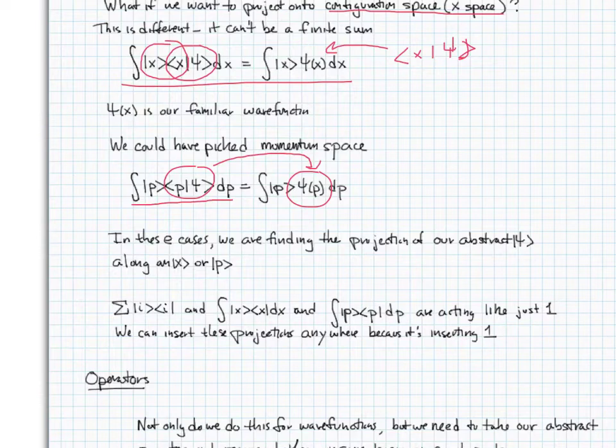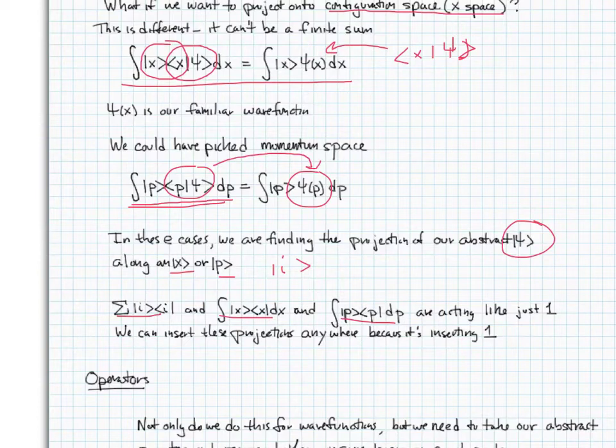So we've taken our abstract psi, and then we've projected it onto an x or a p or maybe an I basis. And we did it with either this integration or the sum that we wrote like so. So sum, integral, or integral.